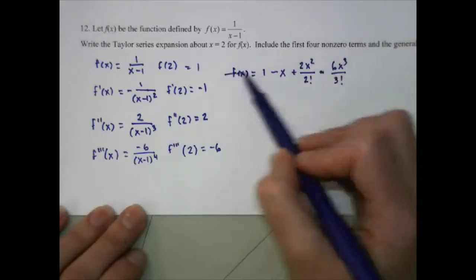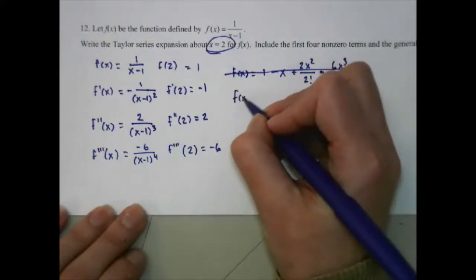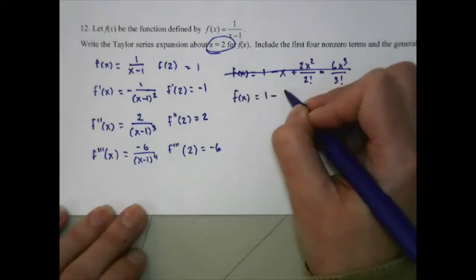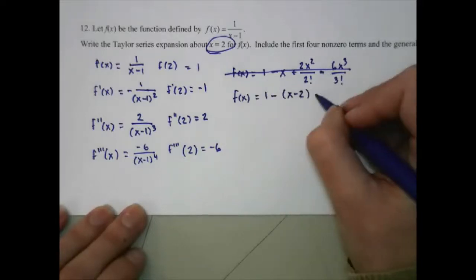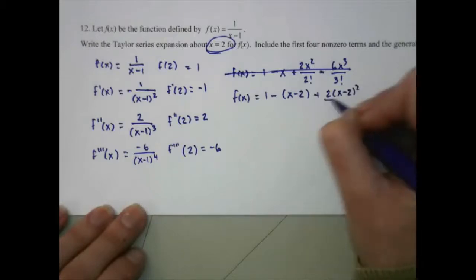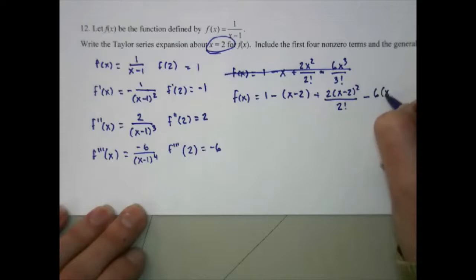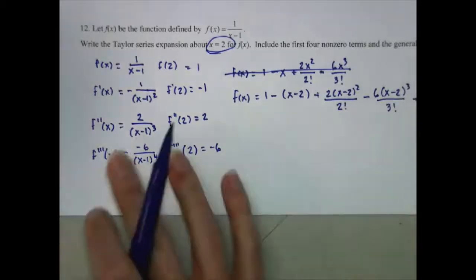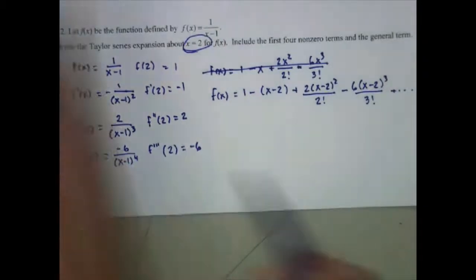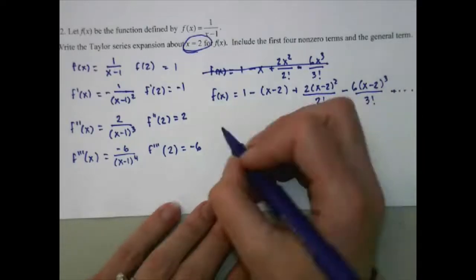Oh, apologies. Forgot my center. So this is going to be 1 minus x minus 2 plus 2 times x minus 2 squared over 2 factorial minus 6 x minus 2 cubed over 3 factorial, and so on. So I'm going to simplify this in order to write the general term, because these 2 and 2, 3, or 6 and 6 will cancel.